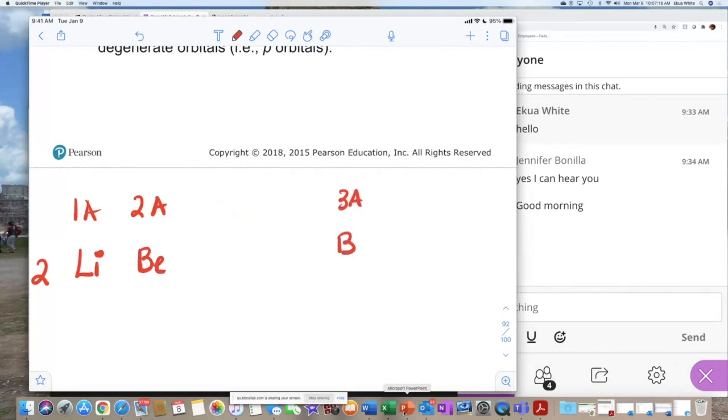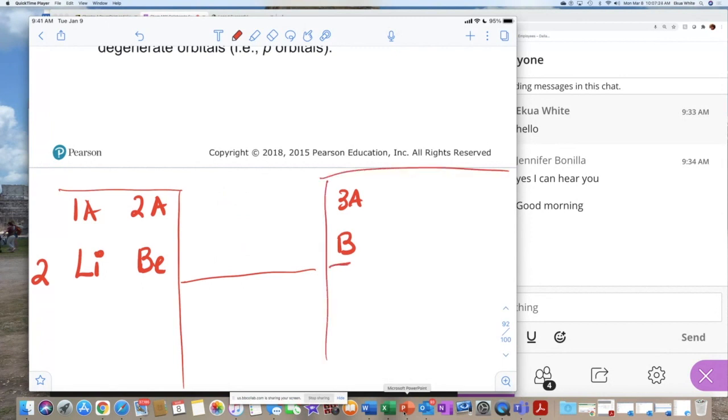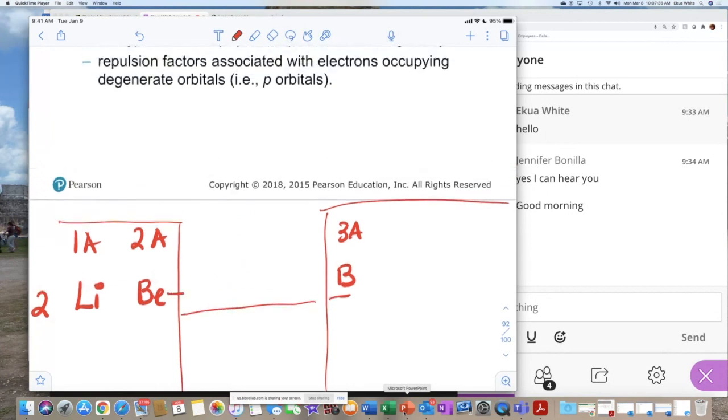So when you go from the left side of the periodic table to the right side, between the cutoff of the S block and this part here in the P block, something happens to where the ionization energy does not increase, it actually decreases, right? So from here to here, ionization energy drops slightly.